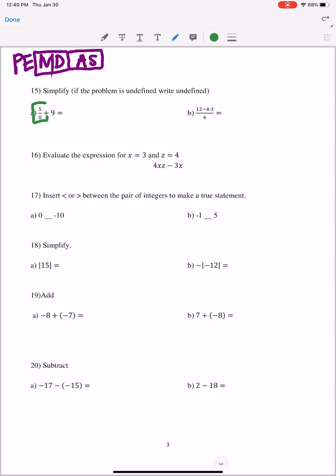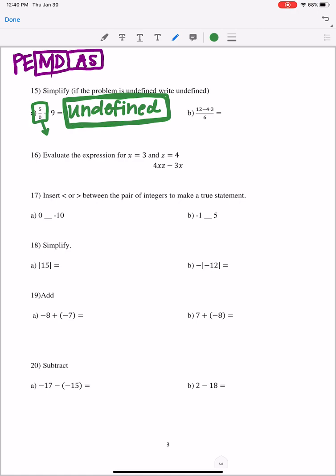But when I look here, 5 divided by 0, this right here is undefined. So I can stop right here. I don't even care about that plus 9.